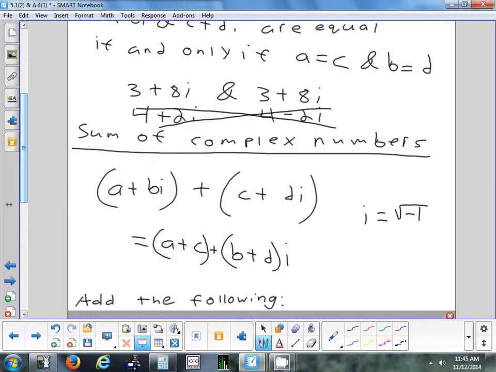So even though i is a number, for the purpose of adding, if you think of it as a letter, it makes it easier to do. If you think of 2x plus 3x, that gives you 5x. Well, if you think of 2i plus 3i, do it exactly the same way you do the problem up above. 5i. So even though it's not a letter, treating it that way makes it more familiar with something you already know.